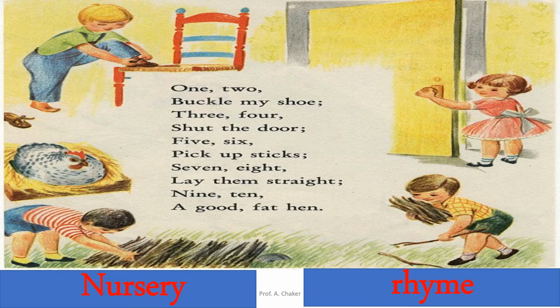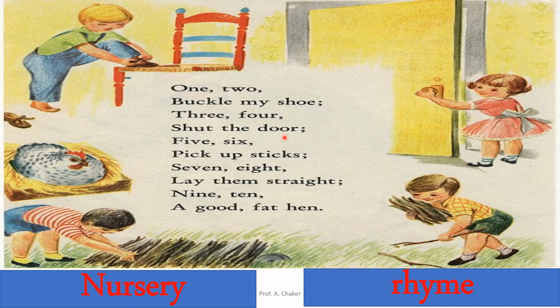Why are they musical? Because they contain some rhyming words. That's why they are called nursery rhymes. For example, when we say two, shoe, these two words end with the same sound. So here we speak about rhyme. This also exists in Arabic poetry.